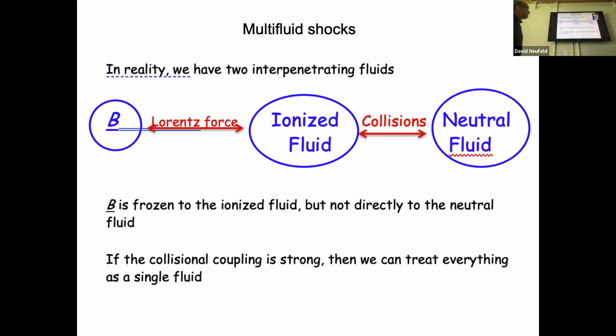This is because often the interstellar medium is weakly ionized, and there are magnetic fields that are dynamically significant. In that case, you could really imagine the gas flowing into the shock front as two interpenetrating fluids.